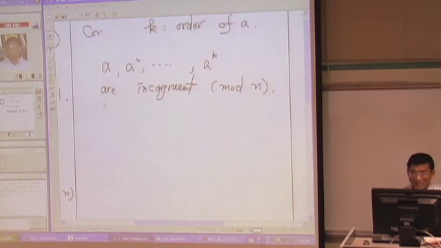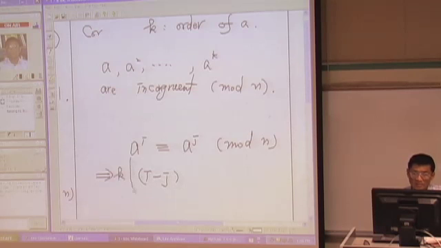How can you prove it? Assume that somewhere a to the power of i and a to the power of j are congruent mod n. Then, by the previous property, i minus j is divided by k. But all these numbers are between 1 and k. So the only possibility that this happens is i equals j.